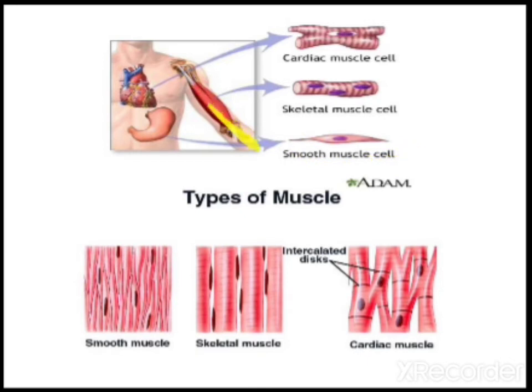Skeletal muscle is attached with the skeleton. This is smooth muscle fiber, for example present in the stomach. Cardiac muscle you can see only in the heart, not in any other place. Smooth muscle, skeletal muscle and cardiac muscle. Can you see the branching pattern of cardiac muscle? It is a special feature of cardiac muscle. You cannot see this branching pattern in skeletal muscles.